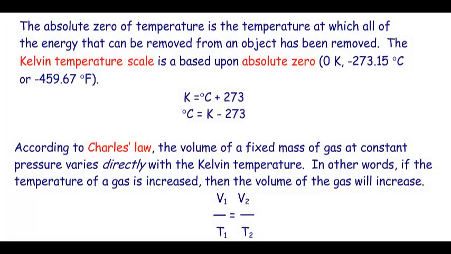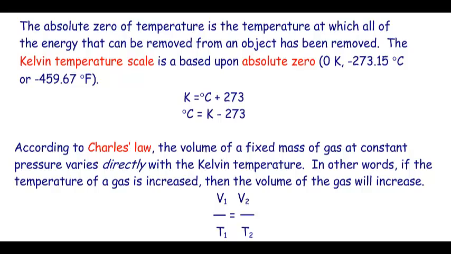Solving problems with Charles' law necessitates that we learn about a new temperature scale. As Americans, you've grown up utilizing the Fahrenheit scale. As students in a science classroom, you've been forced repeatedly to deal with the Celsius scale, and now comes the Kelvin scale. The Kelvin scale is based upon the concept of what is known as absolute zero.